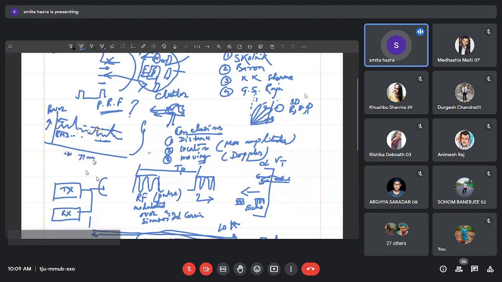Because of some wind velocities, some rainfall, or other atmospheric changes, sometimes we get some extra echo from the clutter itself, which is not signal but purely disturbance from the clutter. That we also have to exclude.